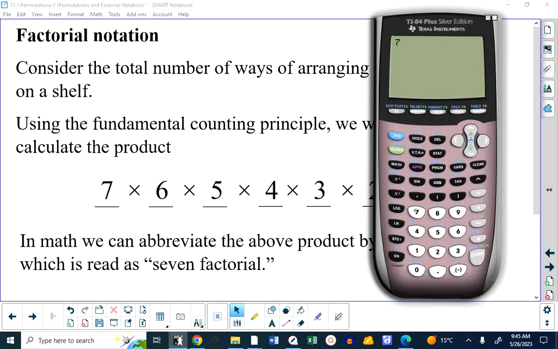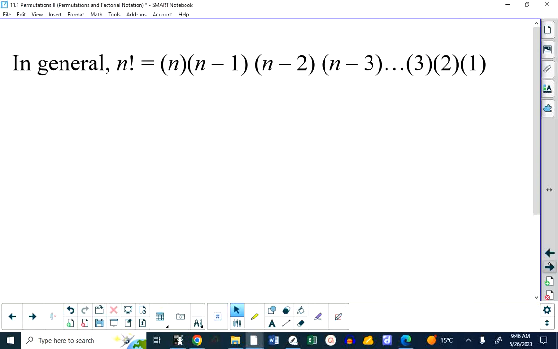So I enter 7, I go math, I scroll over to probability. I could scroll right, but I just scroll to the left once and the factorial is there. I don't believe I showed that to you yesterday. I think I showed it to you in the alpha menu, and I said, if you don't have that, I'll show you where it is. Well, now I'm showing it to you. I think it's 5040. So there are 5,040 ways of arranging 7 books on a shelf.